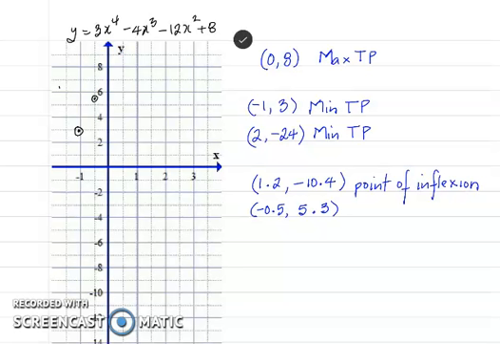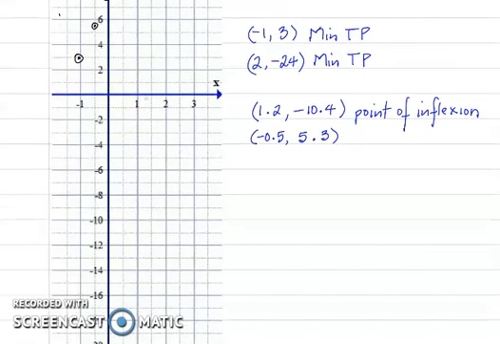That's a point of inflection. 0, 8 is a maximum turning point. 1.2, minus 10.4.